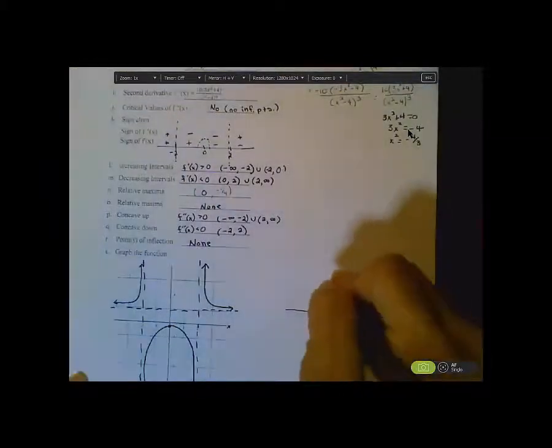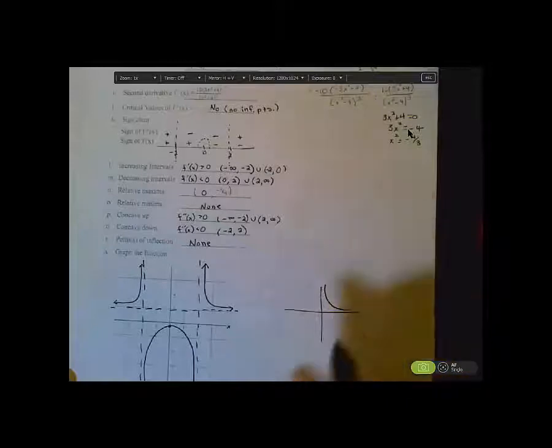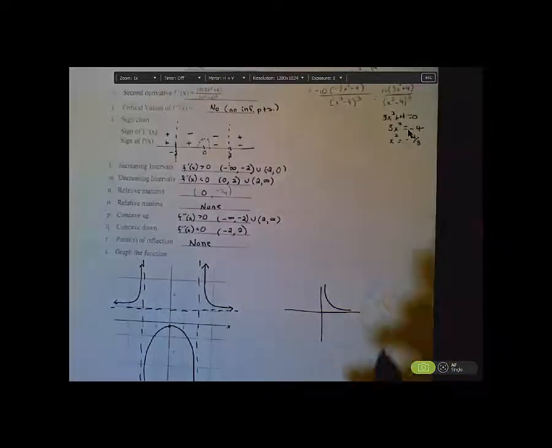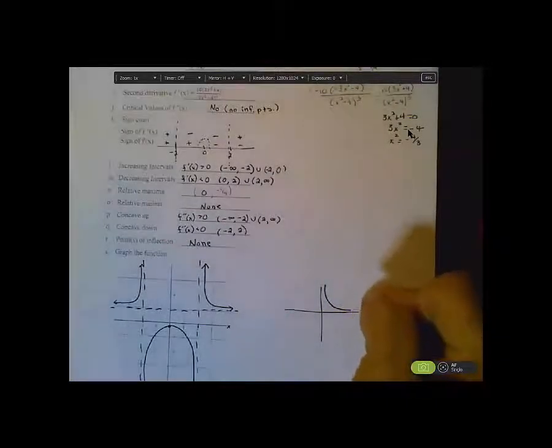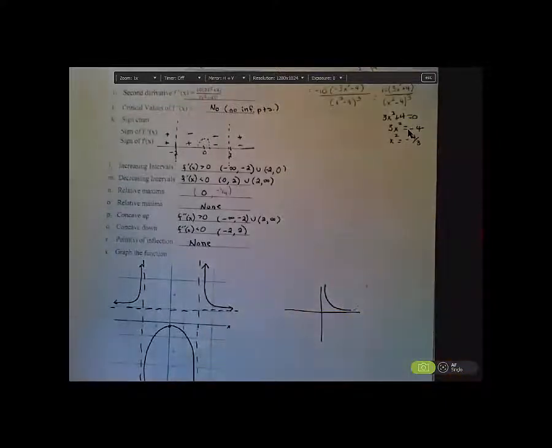So this piece of the graph is definitely decreasing, but it holds water because if I continued that trajectory, you could see that it would be concave up.